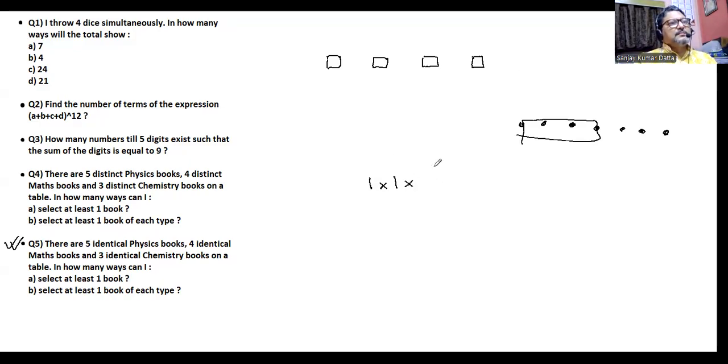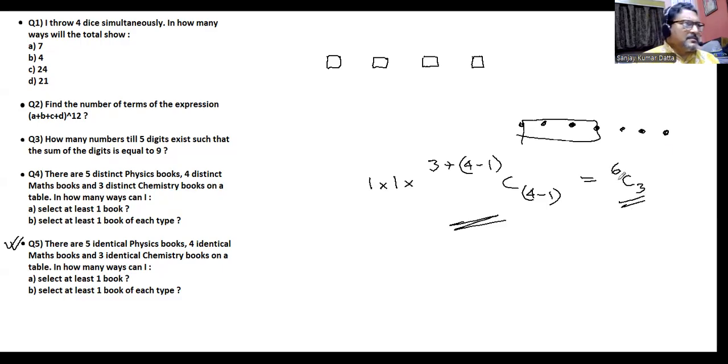And that is possible in how many ways? See, 4 die will require plywoods. How many? 4 minus 1. So 3 plus 4 minus 1, C 4 minus 1 ways. That's your answer. I'm sure you can see that this is 1 into 1. That is gone. So this is 6C3. All of you can find the answer to 6C3.